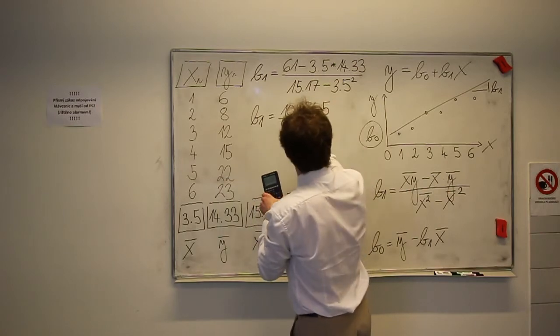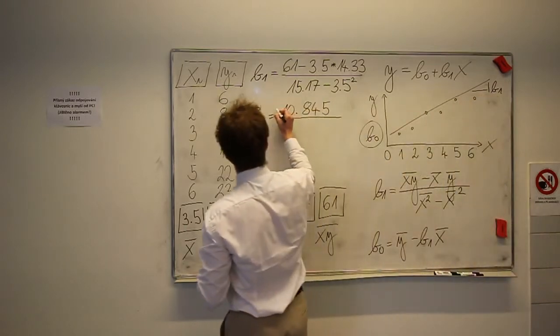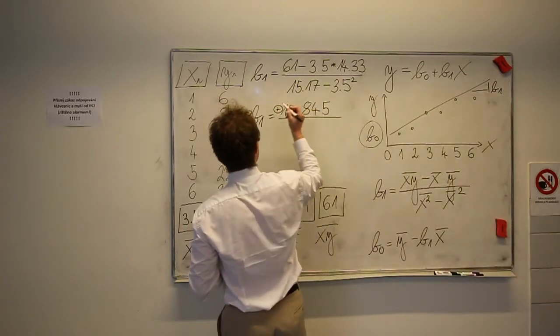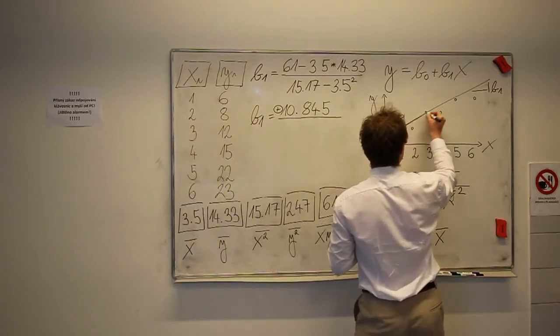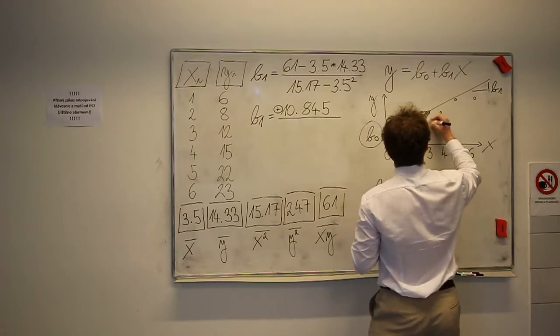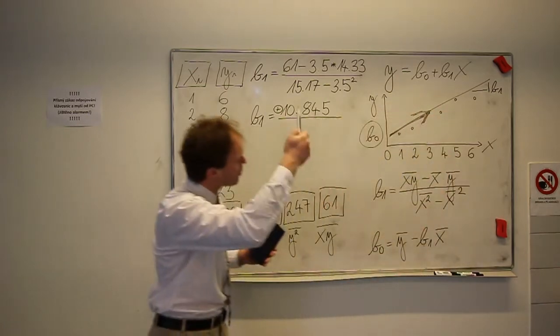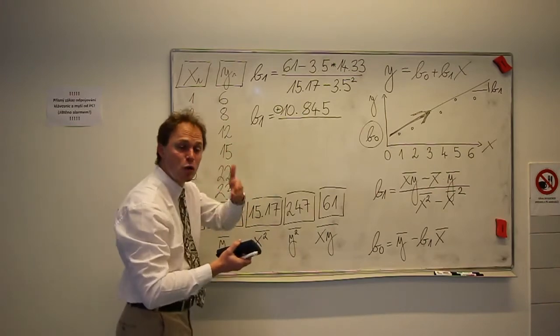10.845. If you have a positive sign, positive covariance in the numerator, you know that there will be positive dependence, yes? Positive dependence, and the line, yes, will be increasing.